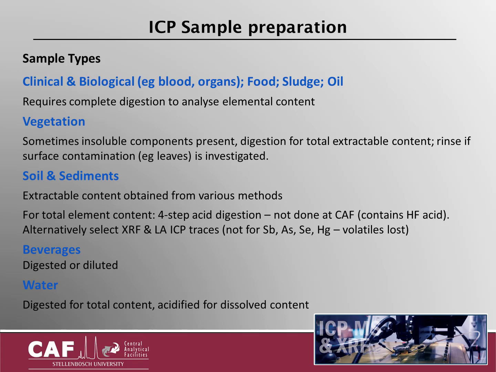An alternative for ICP analysis, if you're looking at total element content in soils and sediments, was to use XRF and laser ablation traces. Though there are some limitations, you won't be able to analyze all of the elements, such as the volatiles that could be lost in the sample processing step.